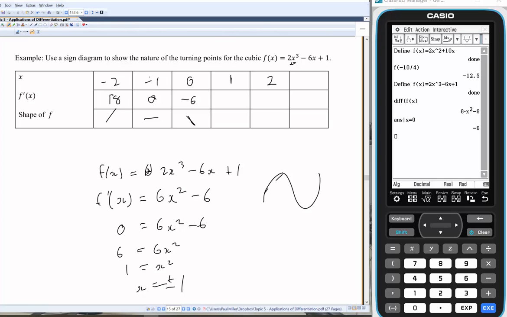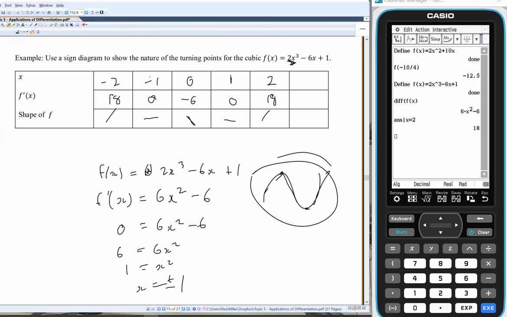So it's going to go positive, 0 gradient, negative, and we should have another 0 gradient and then a positive. So let's do both of those at the same time. f'(1) should be 0, and f'(2) should be positive. It is, it's 18. And that gives us an idea of what is actually going to happen with this function. So it has a positive gradient, 0 gradient, then a negative gradient, 0 gradient, positive gradient. So it gives us an idea of the shape.